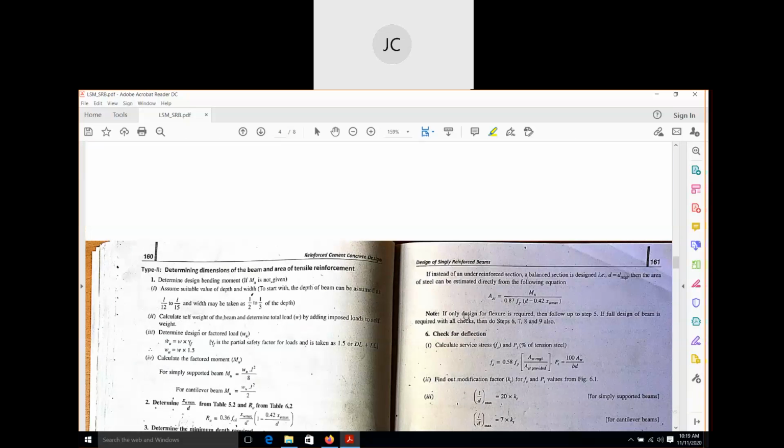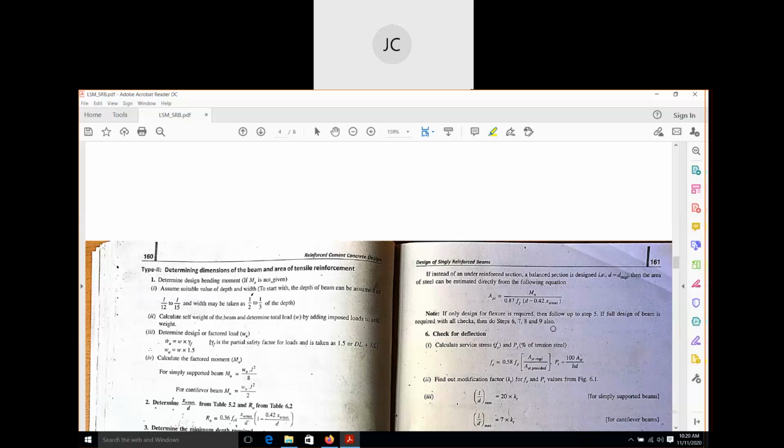But you can see here in the note it is written that if only design for flexure is required, then follow up to step 5. But if full design of the beam is required with all the checks, then do steps 6, 7, 8 and 9 also.